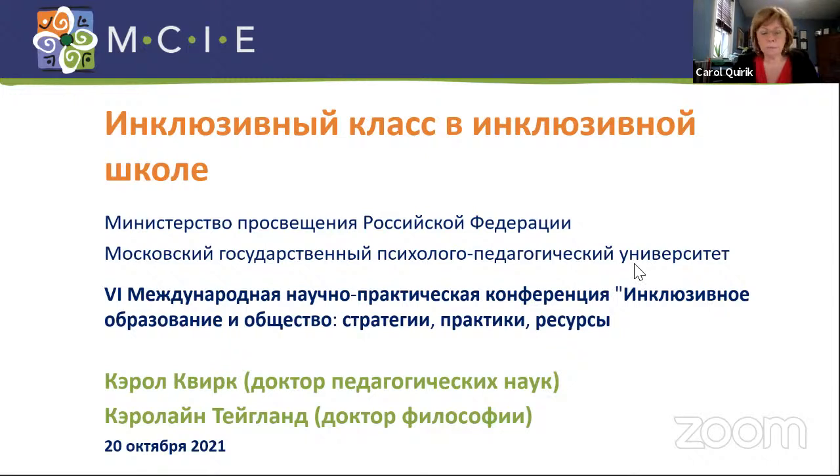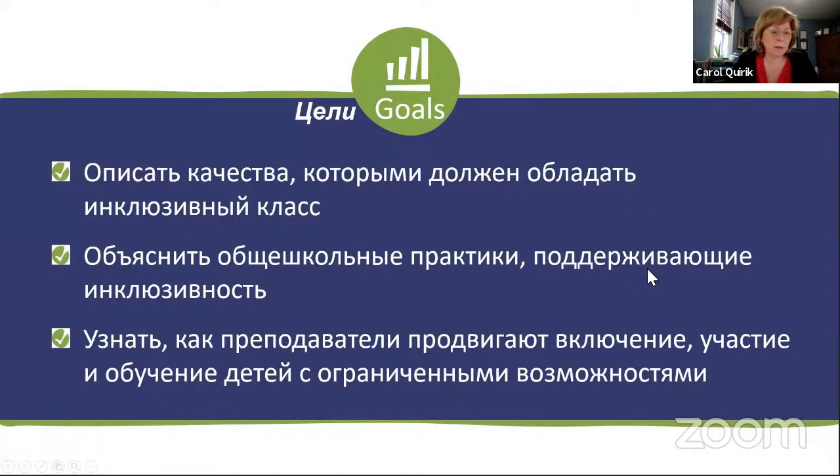So we want to begin by understanding what we mean by inclusion. These are the things that we'll be covering: the inclusive classroom, inclusive school-wide practices, and how we understand what it feels like to be included from the point of view of a student.